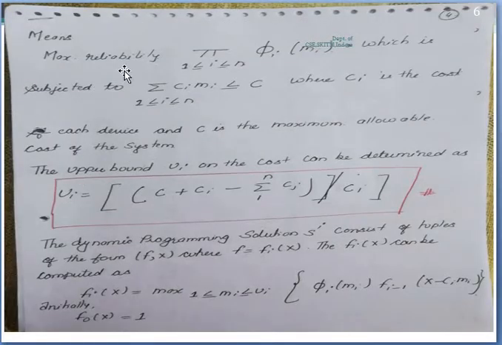So the maximum reliability we are getting, over the stages from 1 to n, is the product of phi of mi, subject to the cost constraint, where ci is the cost of each device and c is the maximum allowable cost of the system.